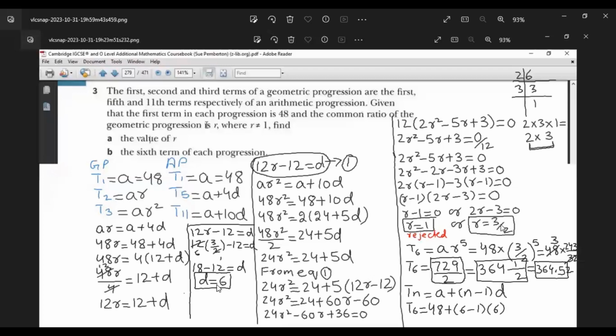When I simplify it, T6 equals 48 plus 5 into 6, so T6 equals 48 plus 30. When I add it, T6 equals 78, and that is your sixth term of the arithmetic progression as they have asked.